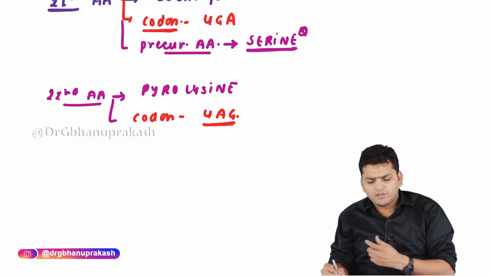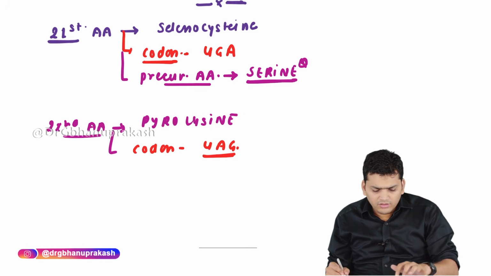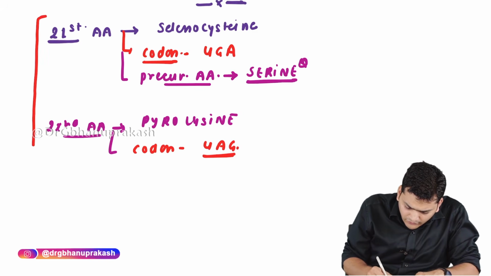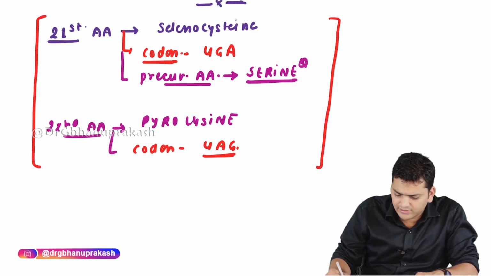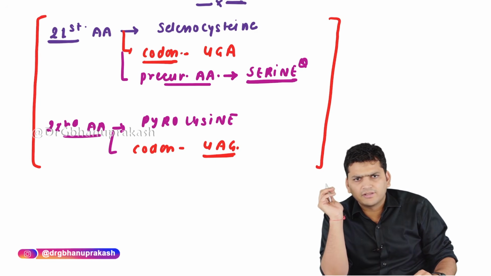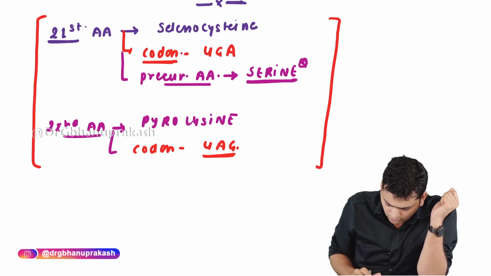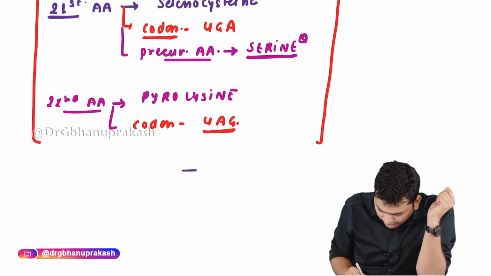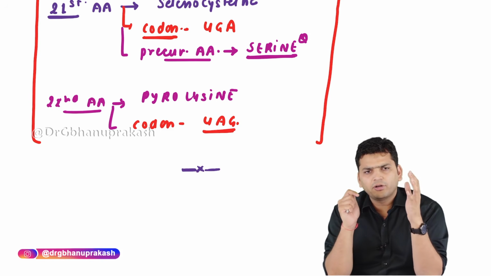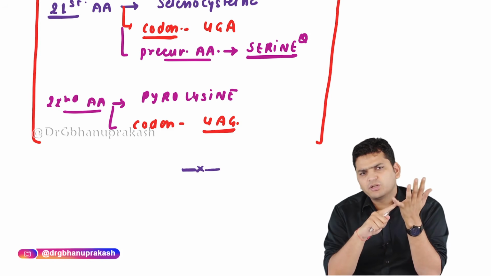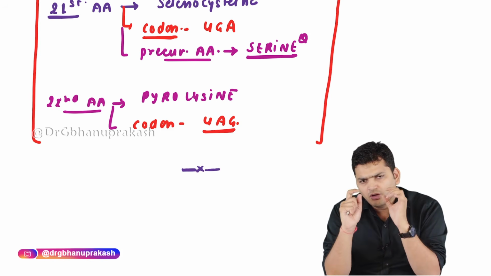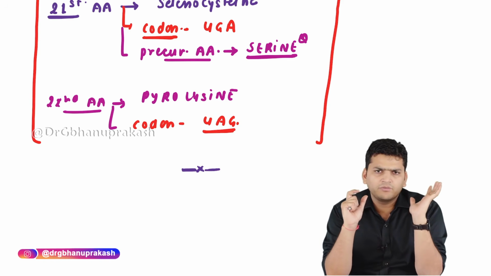There is no as such precursor for pyrrolysine. So these are the details to be remembered for the 21st and 22nd amino acids. 21st is selenocysteine, 22nd is pyrrolysine. Once we have completed this entire classification, it is a very important topic. There is going to be one question for 100% from this discussion of the classification of amino acids.